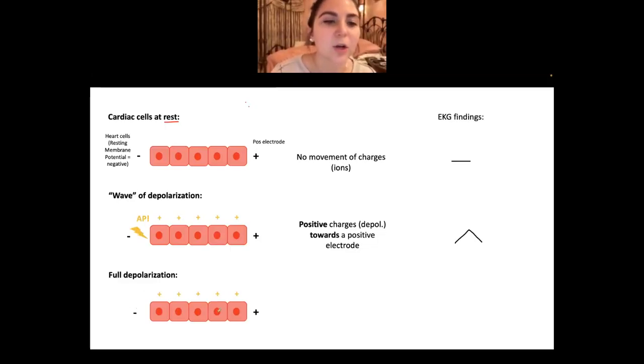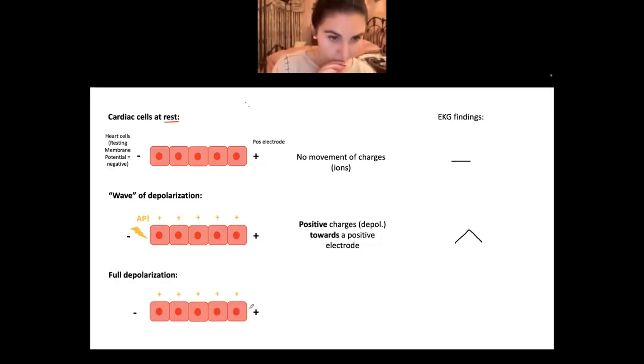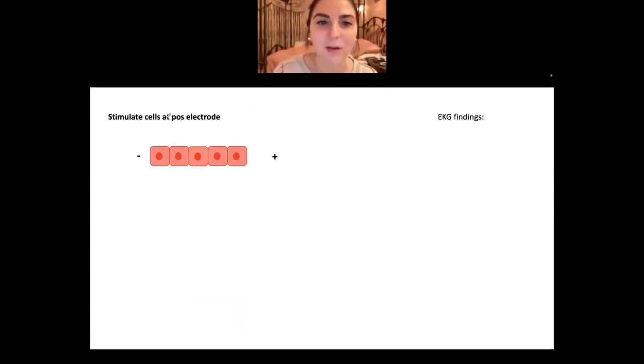Once the cells are all fully depolarized, so again, remember this is like an actual movement of charges. That's what's causing that positive deflection. Once the cells are fully depolarized, so there's no more movement of charges, even though they are positive, it's going to look like a flat line. Okay, and again, we're going to go into this in a lot more detail, but just keep all of this in mind.